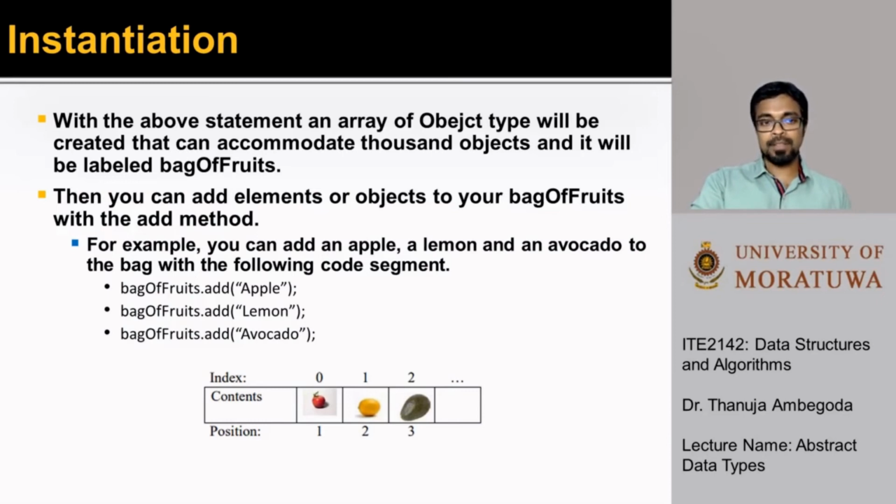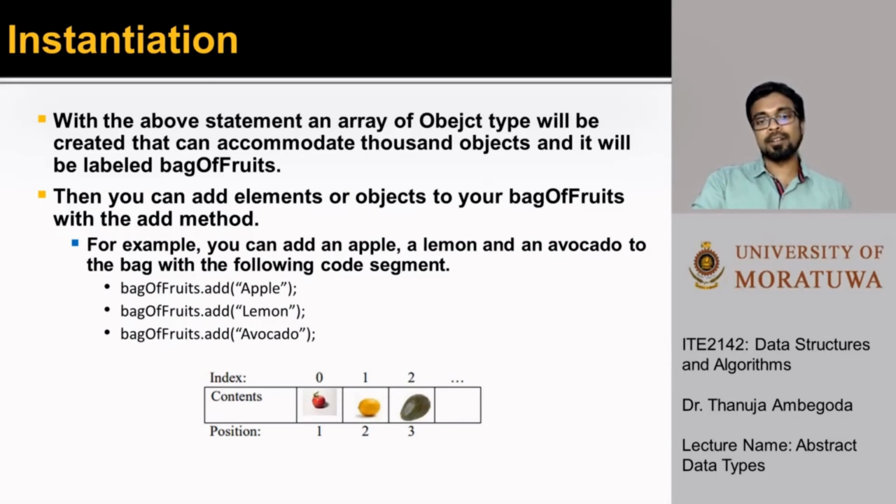So for example, once you define the bagOfFruits ArrayBag, you could keep adding different kinds of objects. In this case, we define objects as fruits because it goes with the theme of the example that we are considering here. So bagOfFruits.add, you add an apple. bagOfFruits.add lemon. bagOfFruits.add avocado.